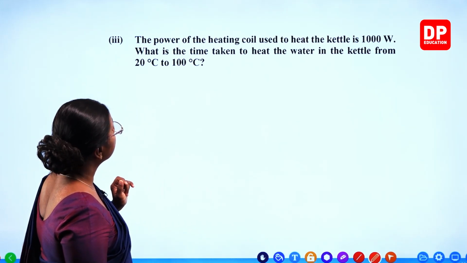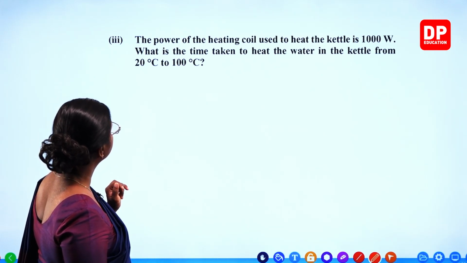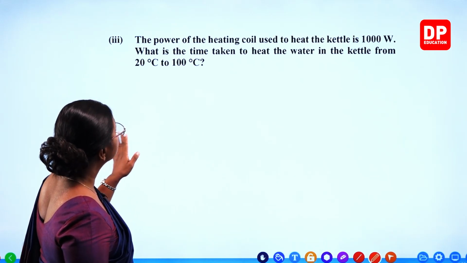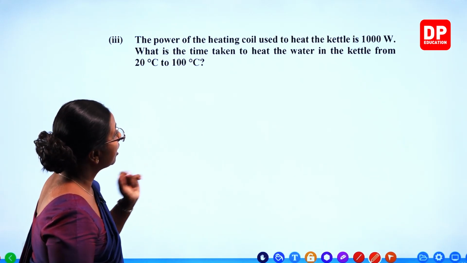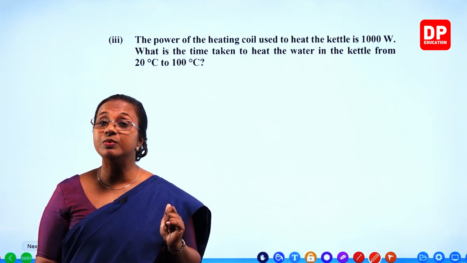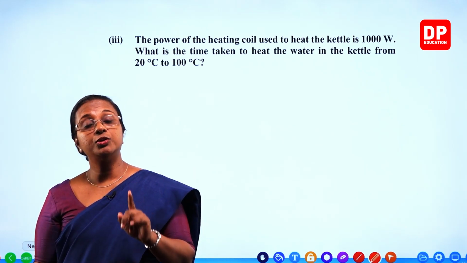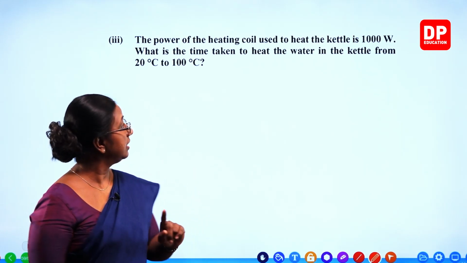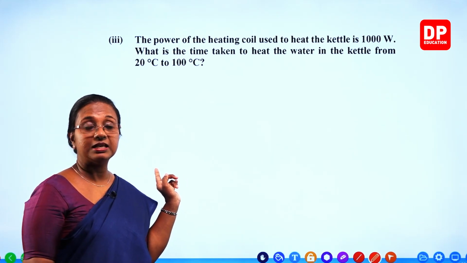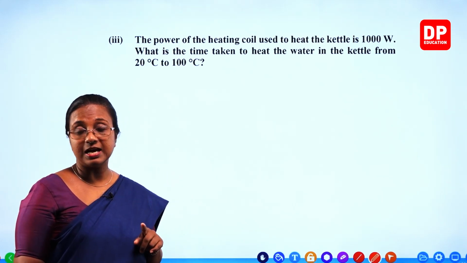Then what is the time taken to heat the water in the kettle from 20 degrees Celsius to 100 degrees Celsius? Now the power of the coil is given to you. Power you all can remember is VI. But energy is equal to power into time. So here we know the energy, we have already calculated the energy. We know the power. We need to find the time.